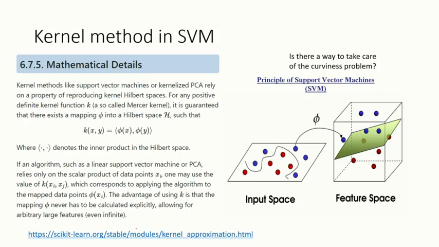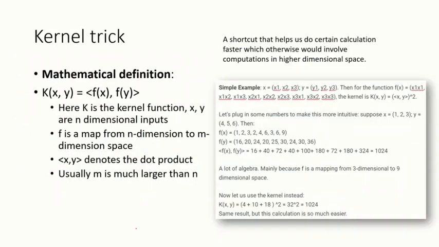In the separation, whether in the input space or feature space, a lot of those operations involve the dot product between data points. You want to compute the distance, for example, between data. But the dot product is the same before and after the operation, so you don't have to do the feature transformation explicitly.